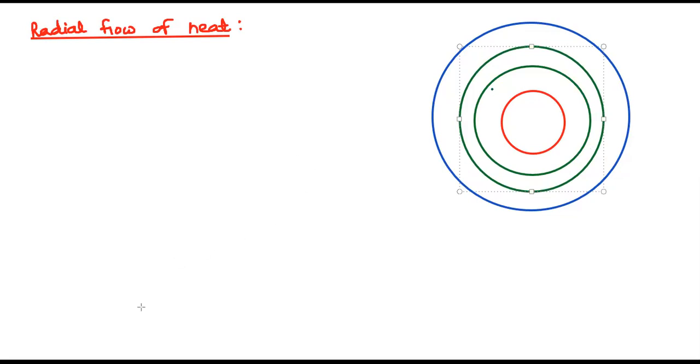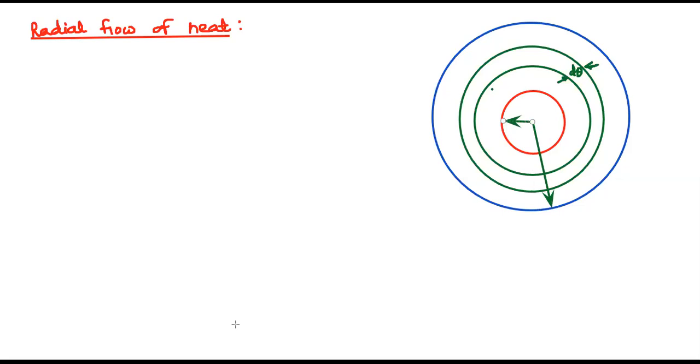So how is it? Let's see. This one is d theta, and this outer shell, which is blue, from this point till here, and for this inner one, let us suppose this one is R1.